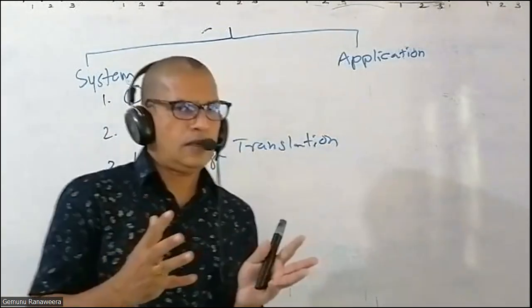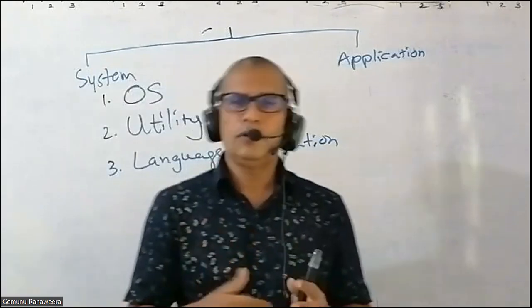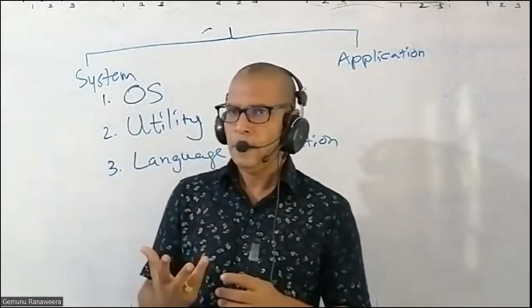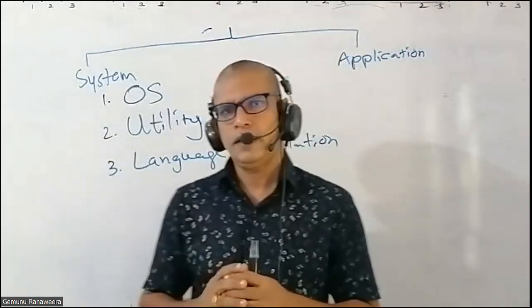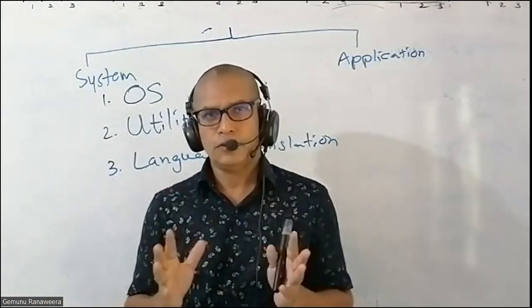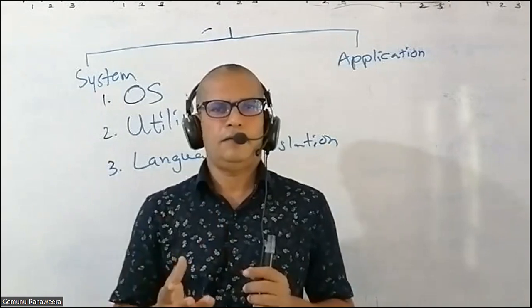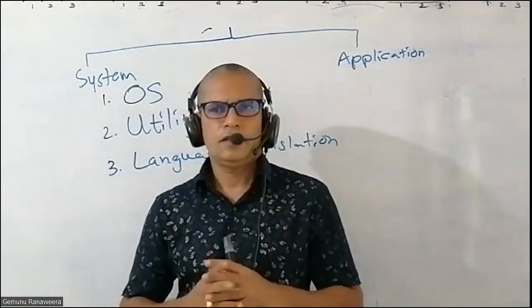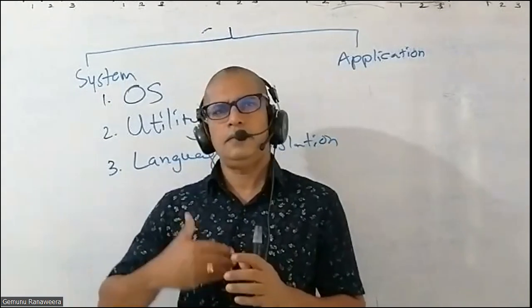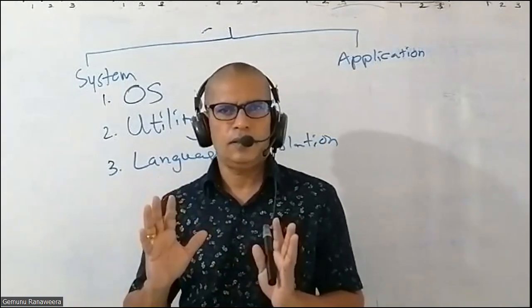And there are some organizations and people who develop programs and do not provide the source code. We can't buy the source code, but we can buy the software. We can purchase the software, but the source code is not given freely, and we can't even buy it.